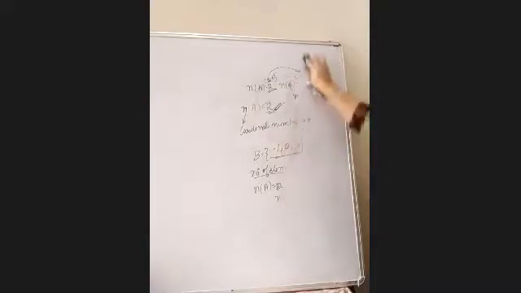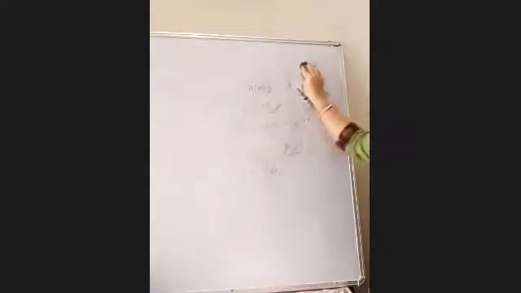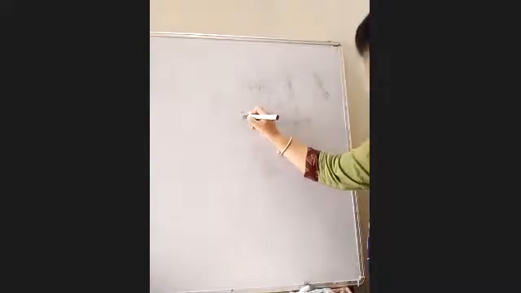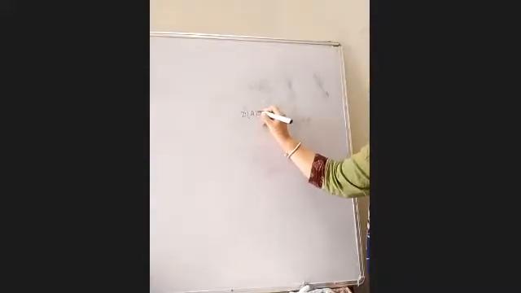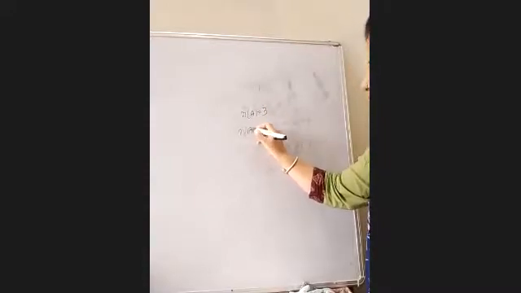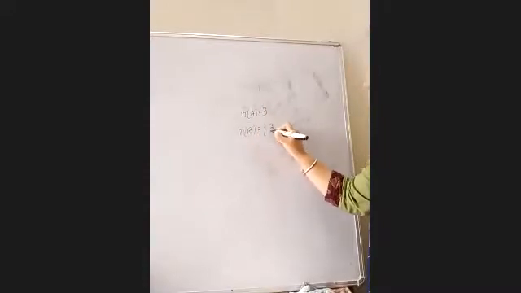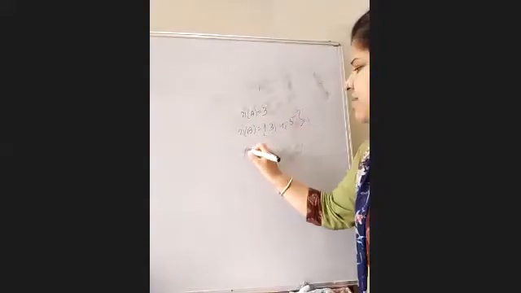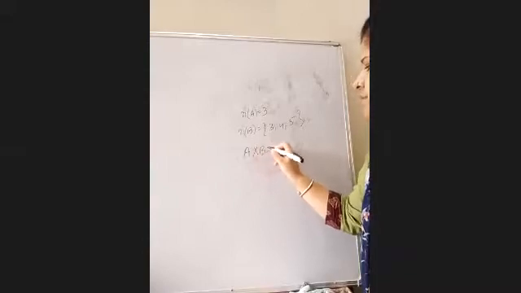Now one more question. Write down, if A is a set with the number of elements 3 and B is a set with elements 3, 4, 5, what is the number of elements of A cross B?